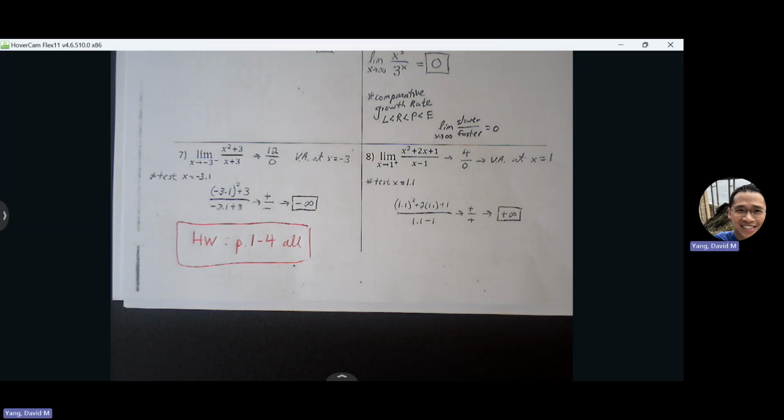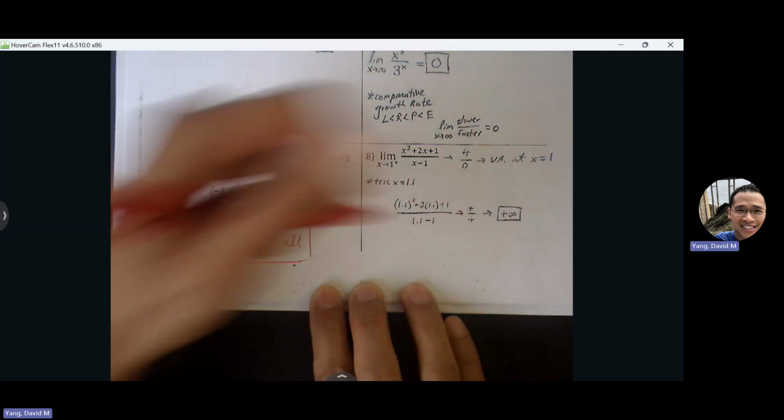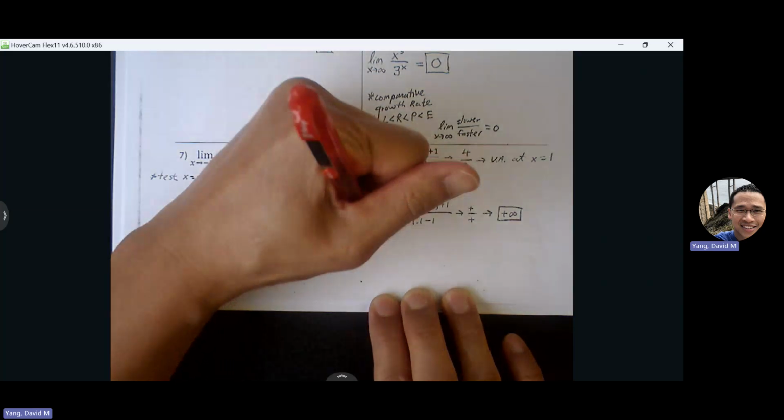Don't worry about the rest of the pages from your original packet. I can go over them during help sessions, but I'm not going to assign them for homework. So first, your homework, pages 1 through 4, and second, your test is Friday.